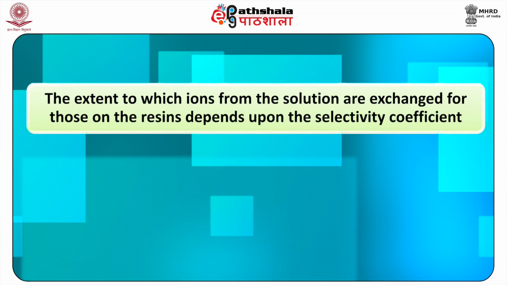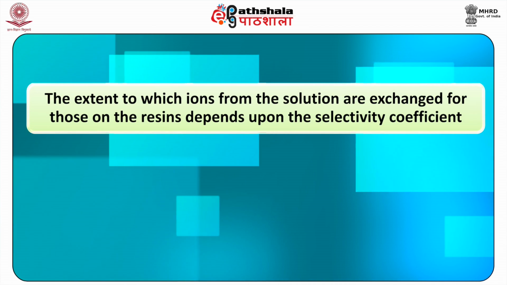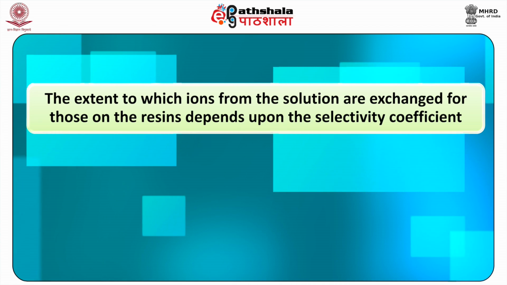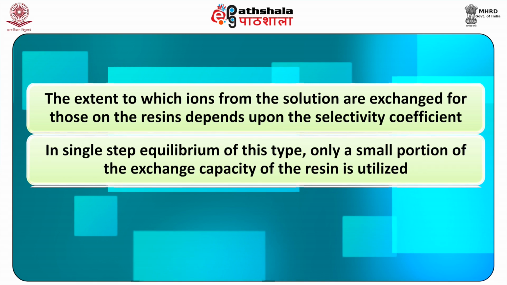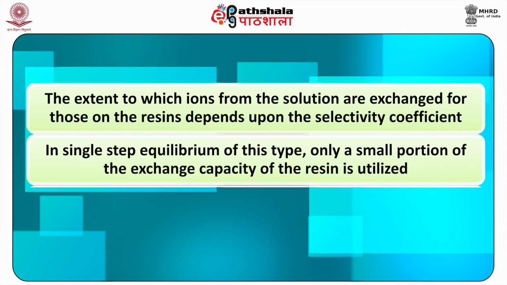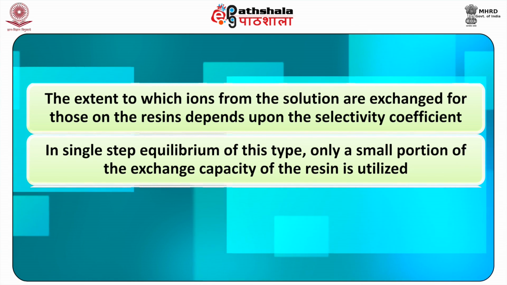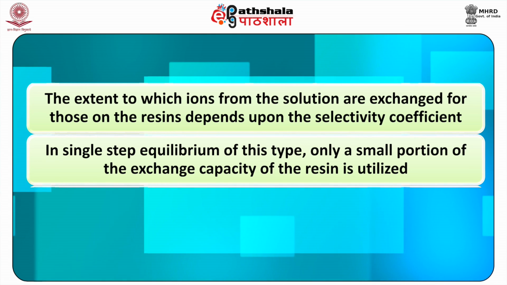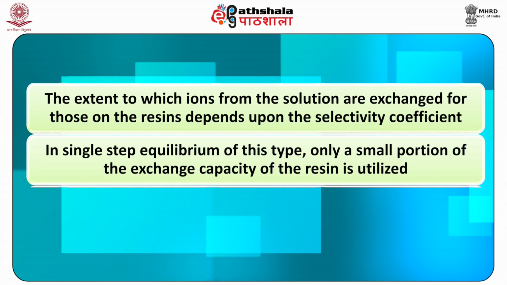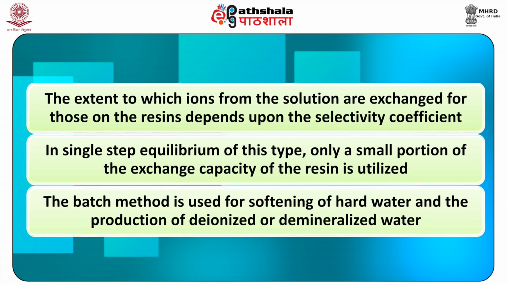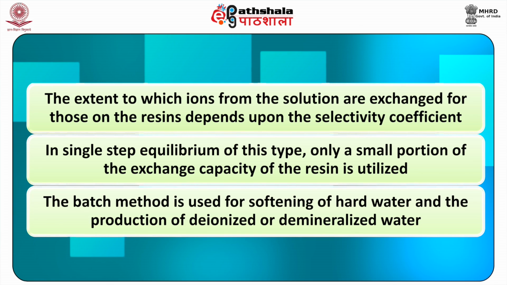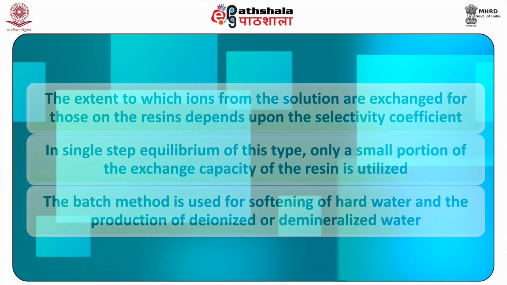The extent to which ions from the solution are exchanged for those on the resin depends upon the selectivity coefficient. In single step equilibrium of this type, only a small portion of the exchange capacity of the resin is utilized. The batch method is used for softening of hard water and the production of deionized or demineralized water.